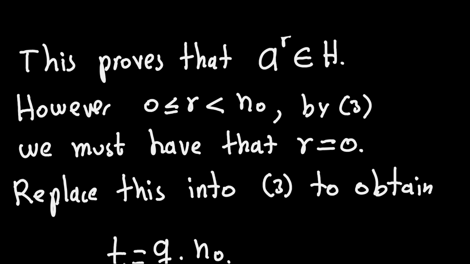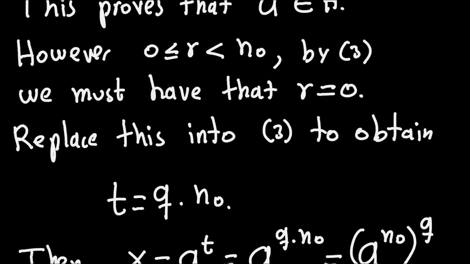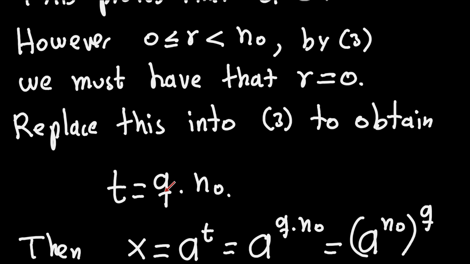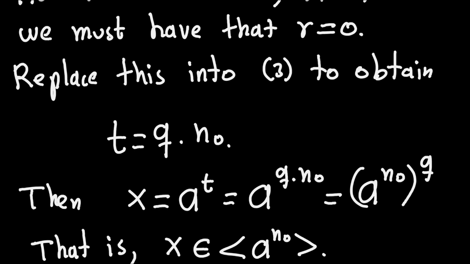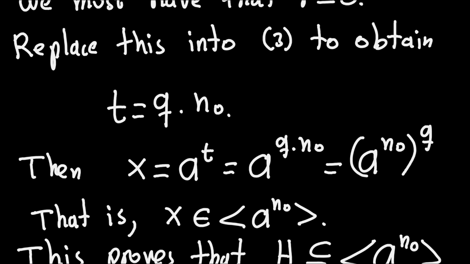Now, if we replace R equals 0 into number 3, or into the division algorithm, remember that T was equal to Q times n0 plus R, but R is 0, so we will have this. So T is equal to Q times n0. Now, this will allow us to prove that X is a power of A to the n0. Why? Because remember, X was equal to A to the T. If you go back into the argument, you will see that X is equal to A to the T. But what is T here?